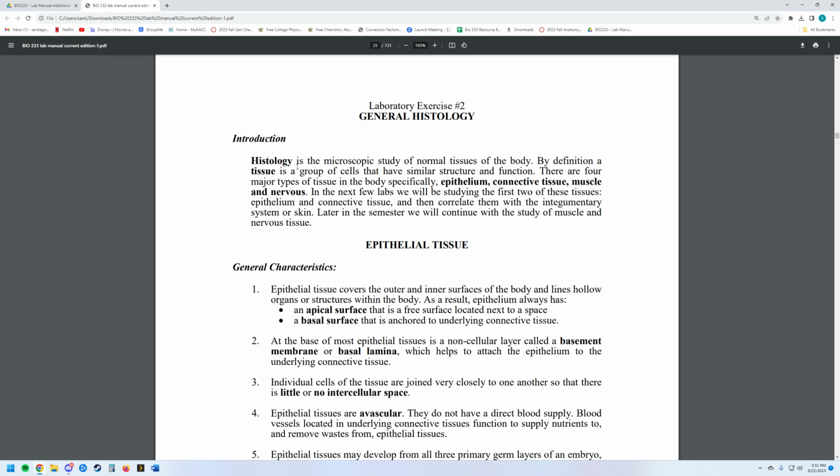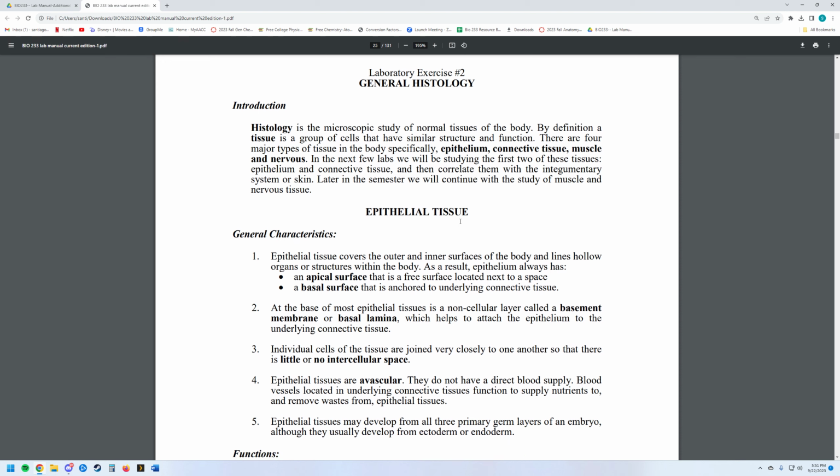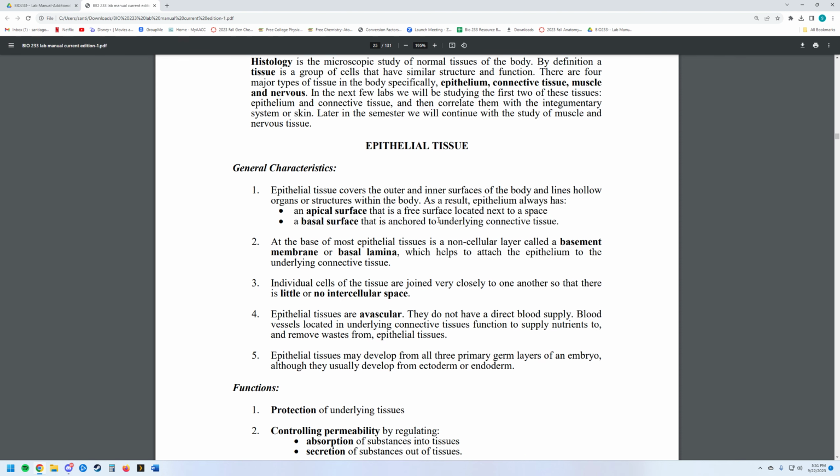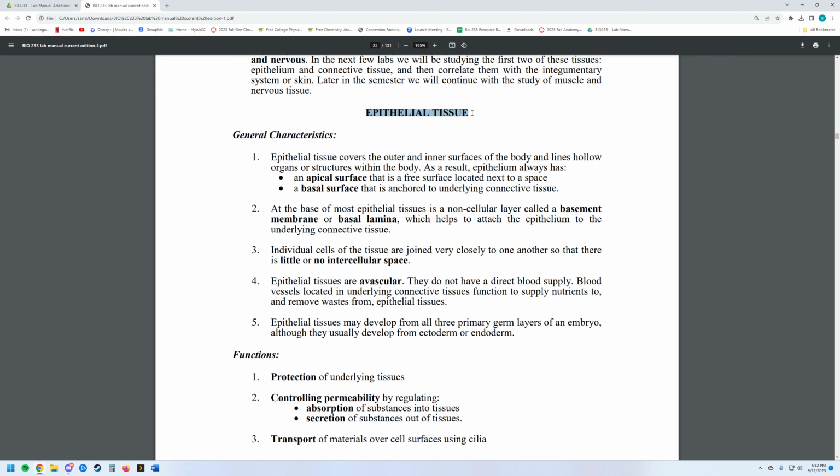We know histology is the study of tissues. It consists of four major types of tissues in the body: epithelium, connective tissue, muscle, and nervous tissues. We're going to start off with epithelial, which I think is the most complicated compared to the others.